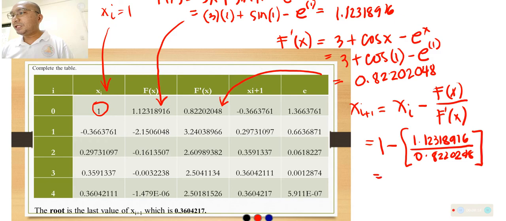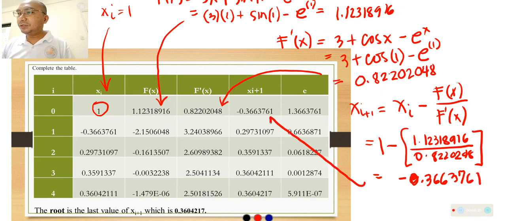So that is equal to negative 0.3663761. This is the value from this column.